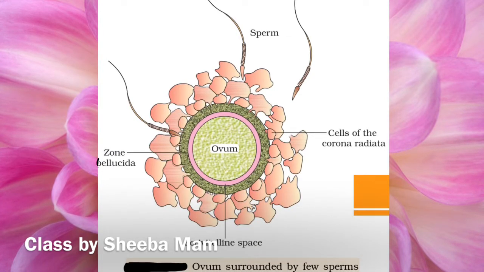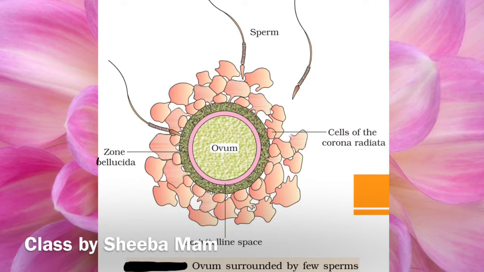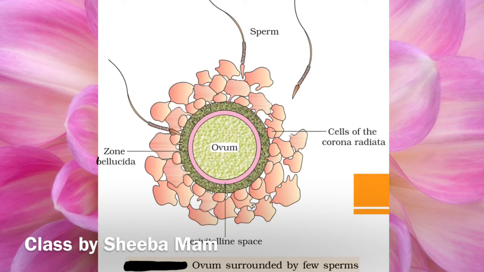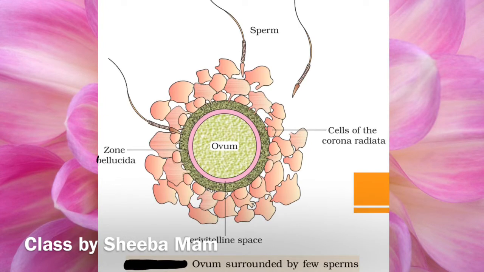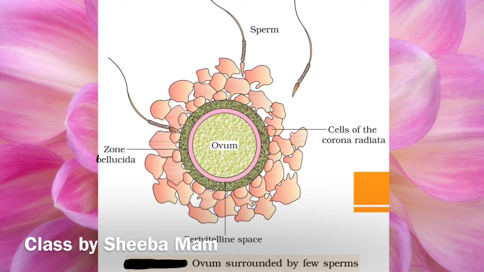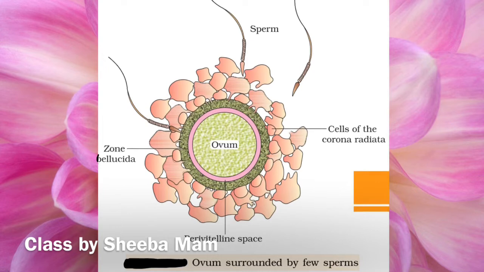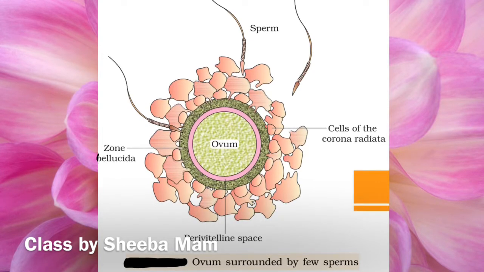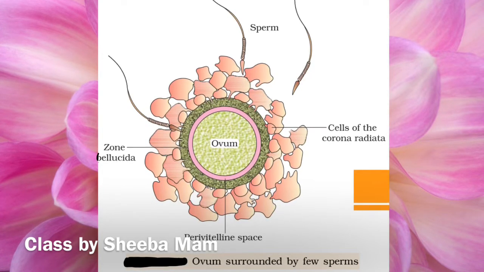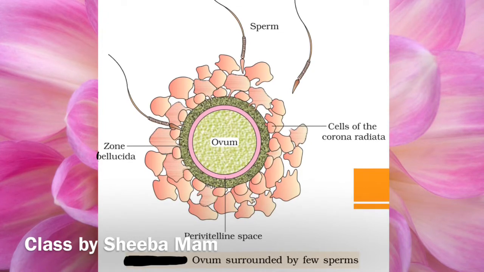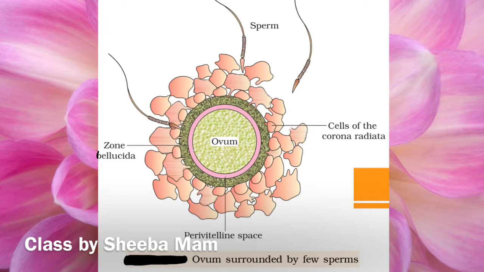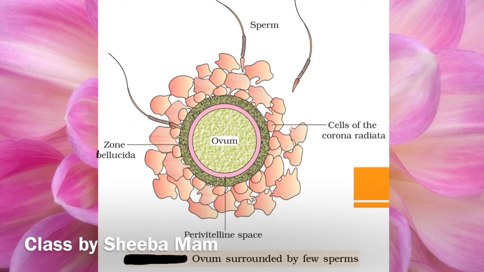Inner to corona radiata is a transparent clear zone called zona pellucida secreted by the corona cells. It undergoes significant changes and thickens after fertilization to stop the entry of other sperms. Next to zona pellucida on the inner side is the perivitelline space which blocks polyspermy.